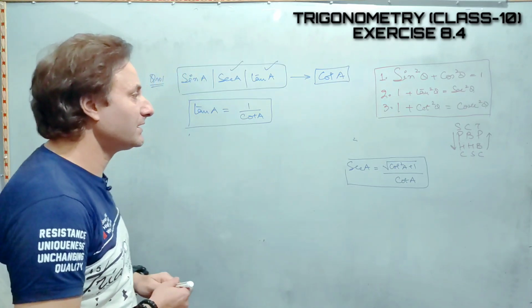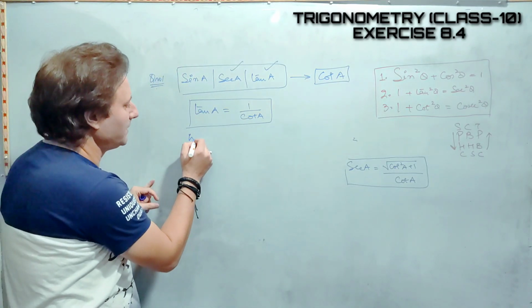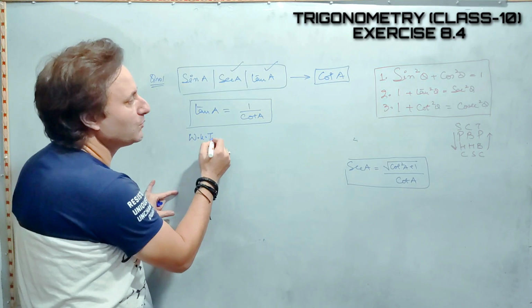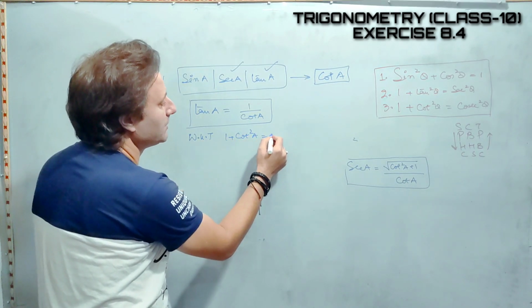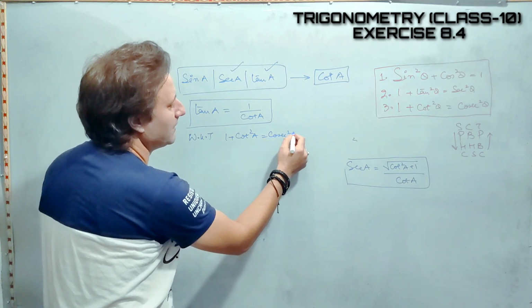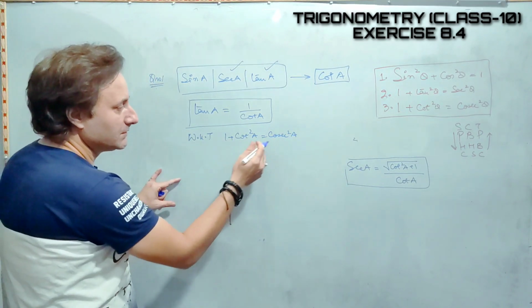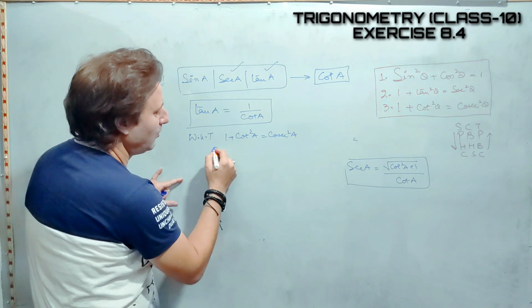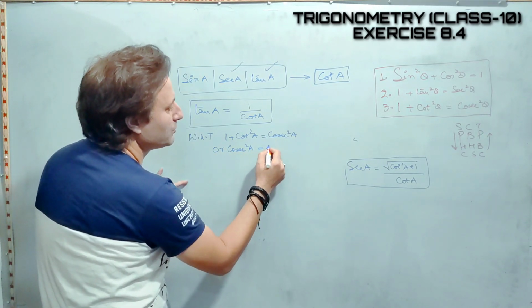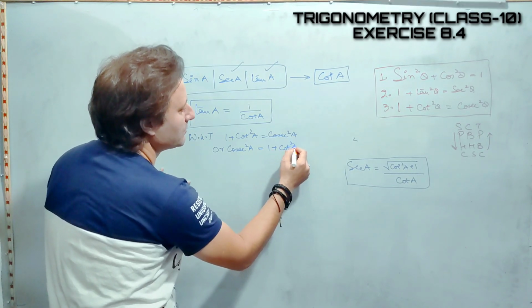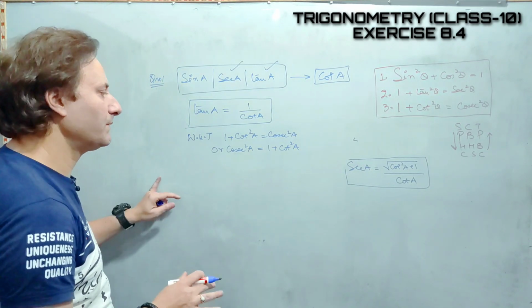So let me take third one. What do we have? I'll write, we know that 1 plus cot square A is equal to cosec square A, right? Let me change the sides. I'll write or cosec square A is equal to 1 plus cot square A. Till now, we are fine?